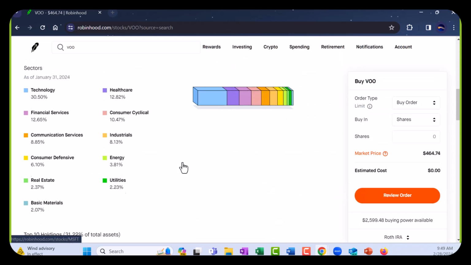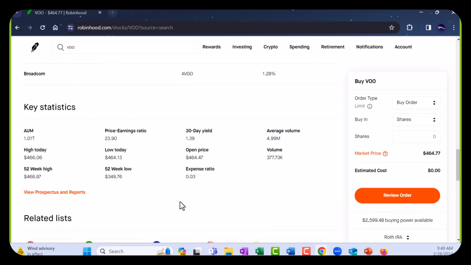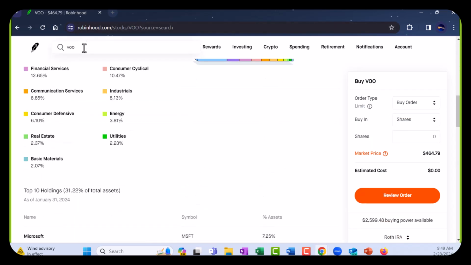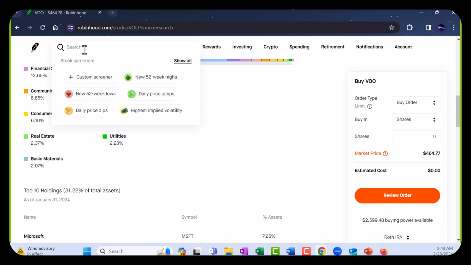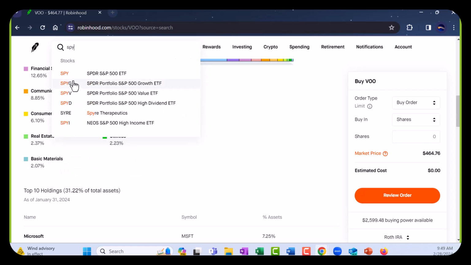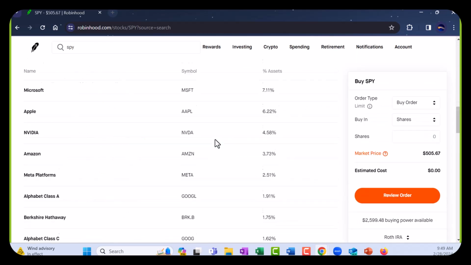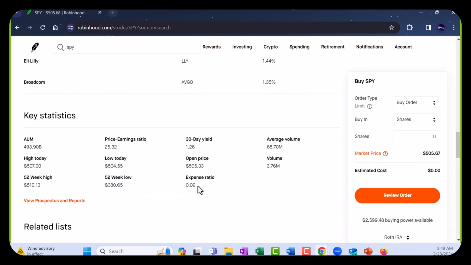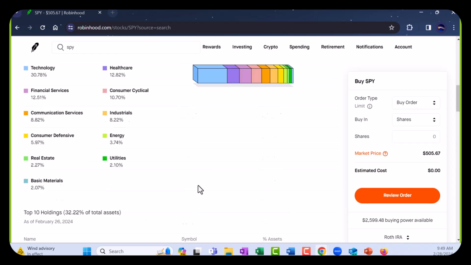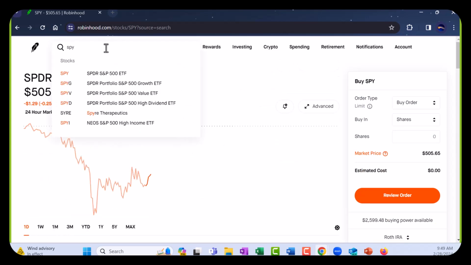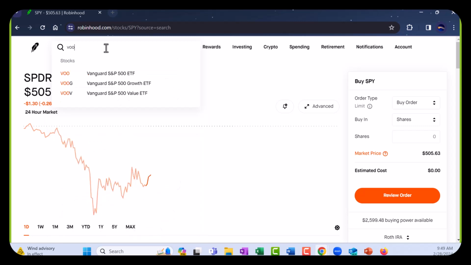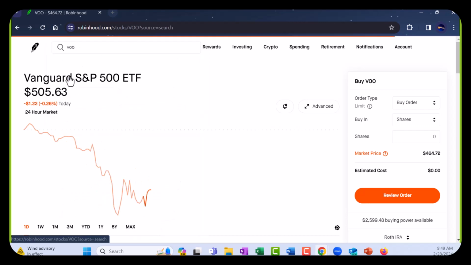And if you want to know about it, expense ratio is 3 basis points. So for each $10,000 investment, you pay only $3 per year as fund expenses. On the other hand, SPY is 9, so it's 3 times as much. So let's go to VOO. Okay, it's $465.